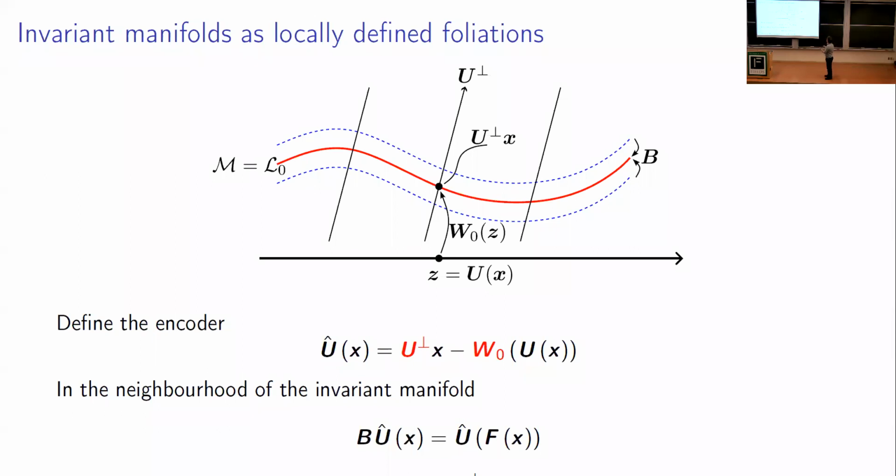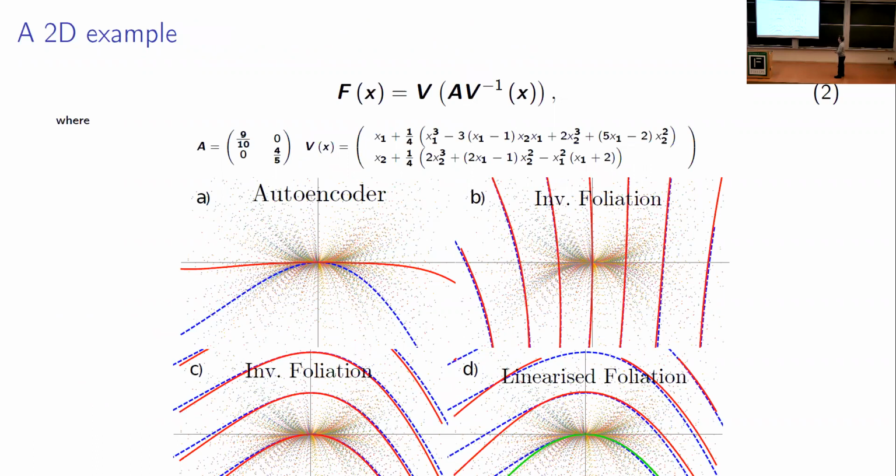And since we are only in the neighborhood of the invariant manifold, we can assume that the dynamics is roughly linear about that neighborhood. So the S map reduces to a B matrix, and we need to solve this. So in this case, we can find invariant manifolds as well as one leaf, the zero level set of a foliation, right? Okay, so let's just try it on a 2D example where we actually know where things are.